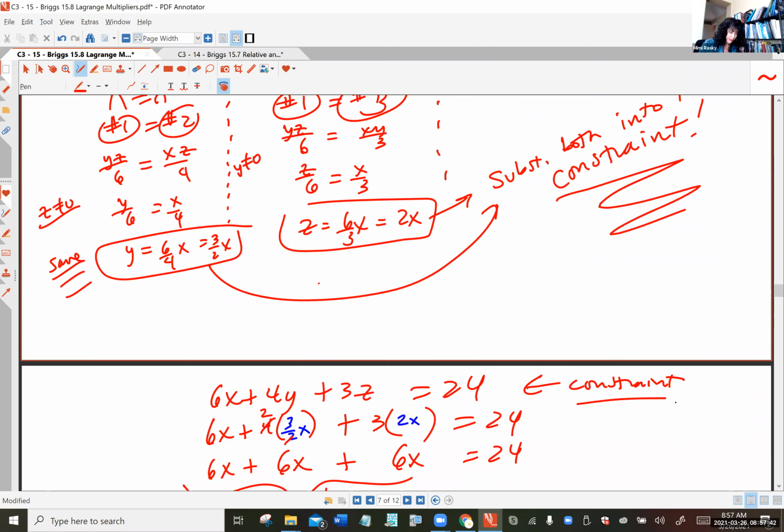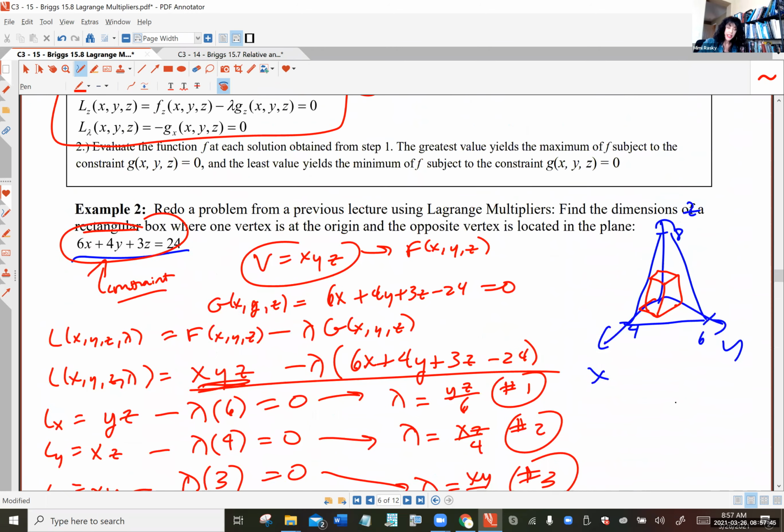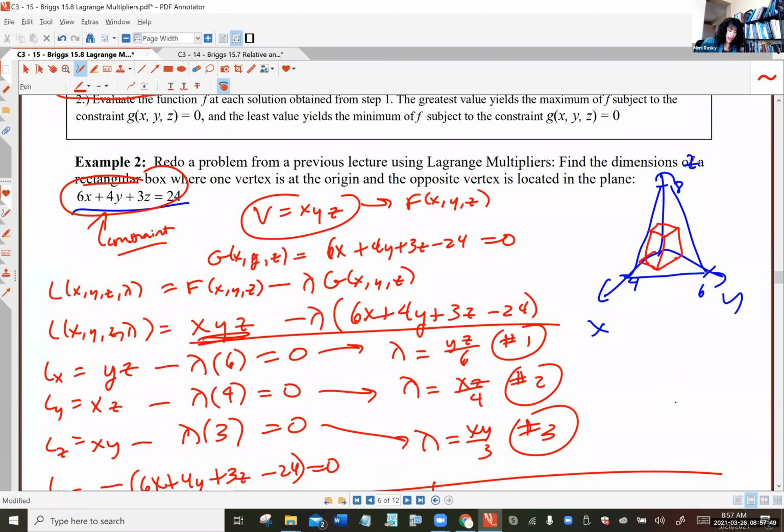So to recap this problem, doing it the alternate method, the method of Lagrange multipliers, you have a function of 3 variables that you're trying to maximize. You do not have to reduce it to a function of 2 variables. Just leave it as a function of 3 variables. That's a real benefit to Lagrange. You don't have to reduce everybody to 2 variables, which is kind of a pain. Leave it. And then you've got your constraint.